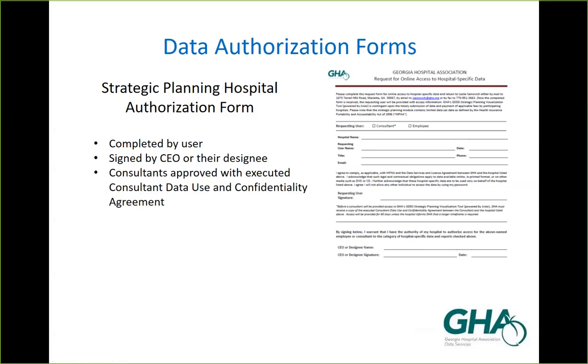We also allow consultants to use the tool as well, as long as the facility has a consultant data use and confidentiality agreement, and GHA requires a copy of that on file as well. And once you send that back, we will get your account set up and you can use the tool.